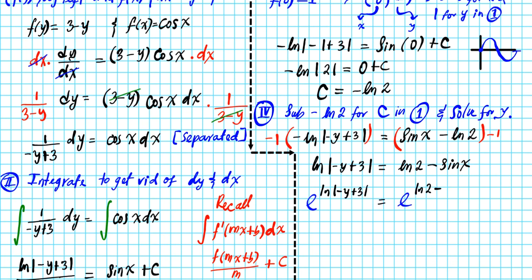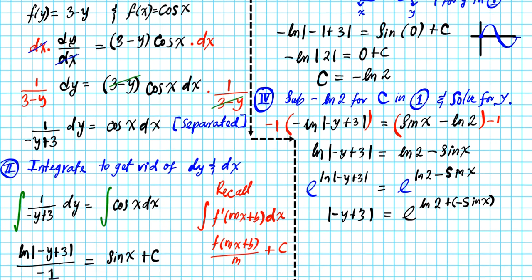On the left side, we can use the inverse property of logarithms to cancel these two out. So we'll have the absolute value of -y plus 3. And then here I can write this as e to the natural logarithm of 2 plus negative sine x. I'm expressing this in this format for a reason. You'll see it in a second.